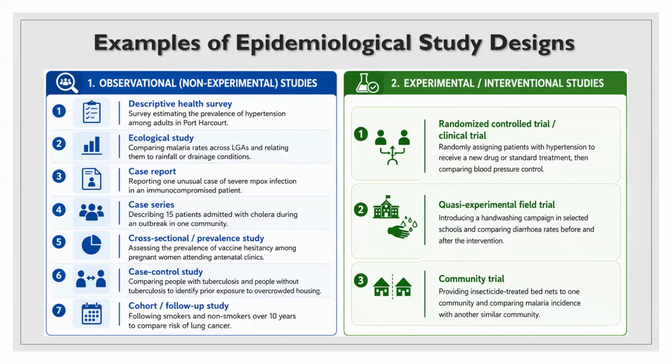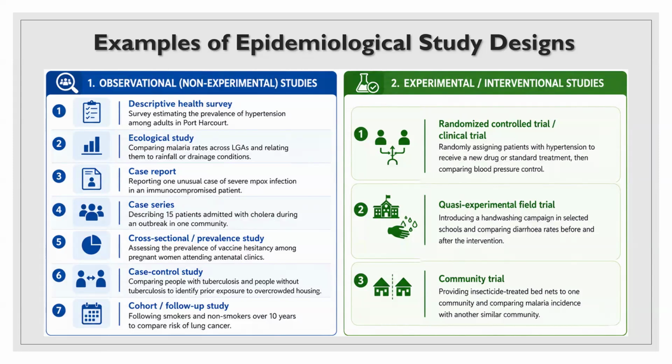Quasi-experimental, the difference is that it is quasi, it's not a true experimental. So you don't randomize and you don't really use a drug. You can use things like training people how to do a particular thing. Hand washing, for example, a campaign sensitizing a community on how to wash their hands.